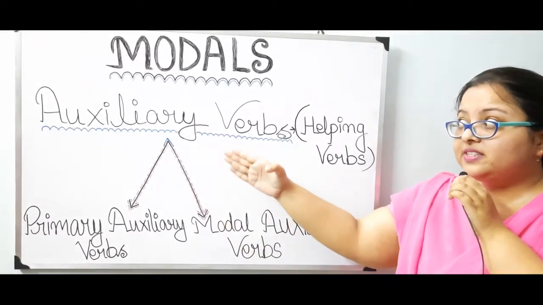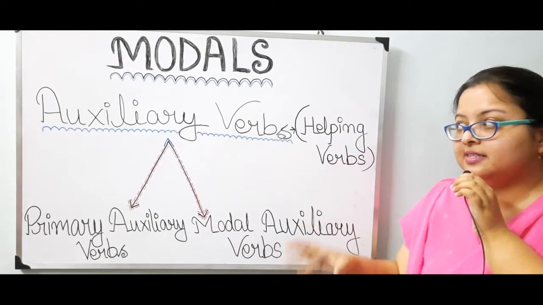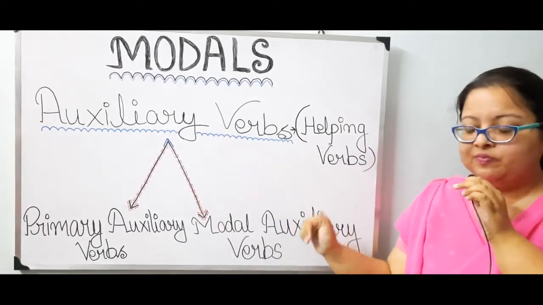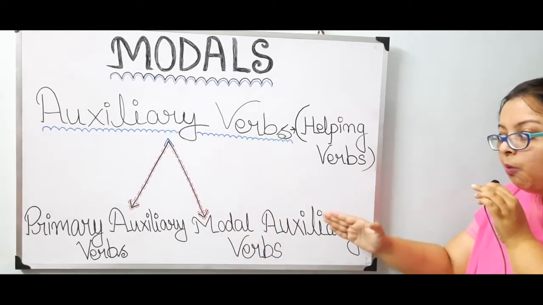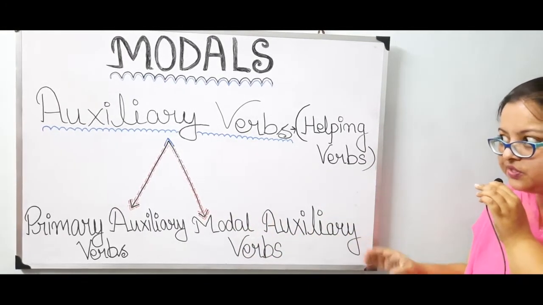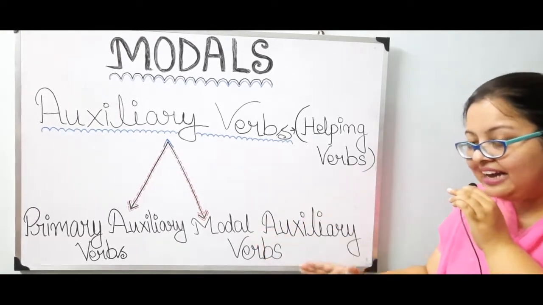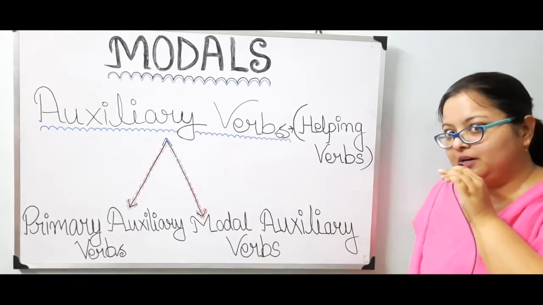Now, auxiliary verbs, which are basically known as helping verbs, are divided into two: primary auxiliary verbs and modal auxiliary verbs.